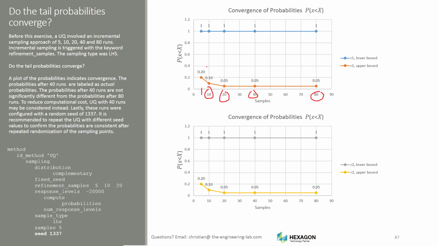We wanted to see when the probabilities converge. The probabilities converge after about 20 runs. But here we waited 3 iterations. So we ultimately said, okay, after 80 runs we get converged probabilities. That's why we're using 80 today.